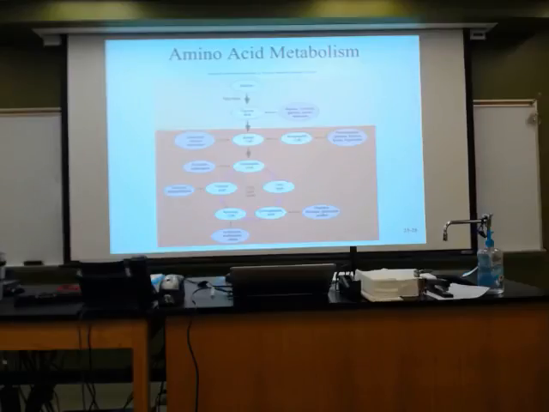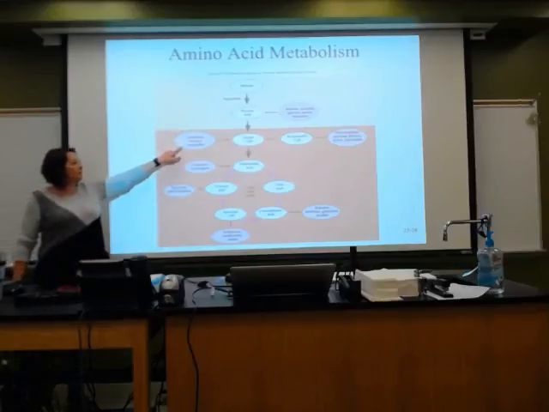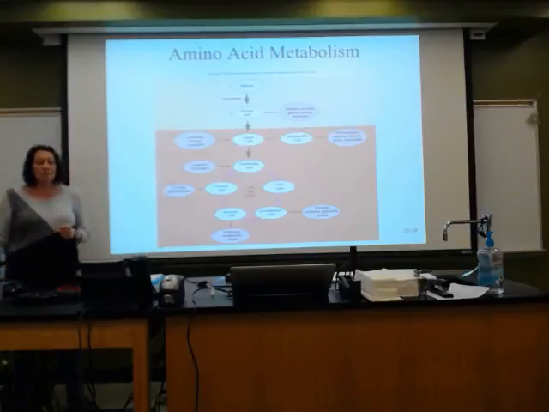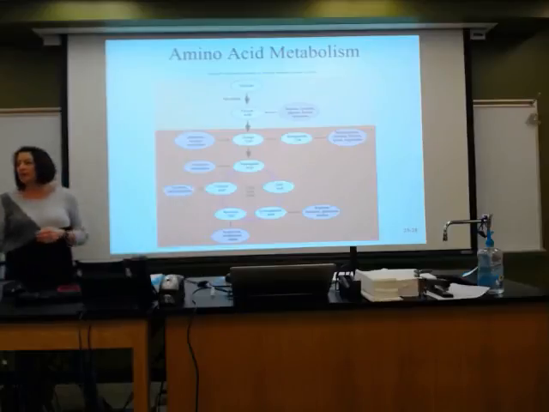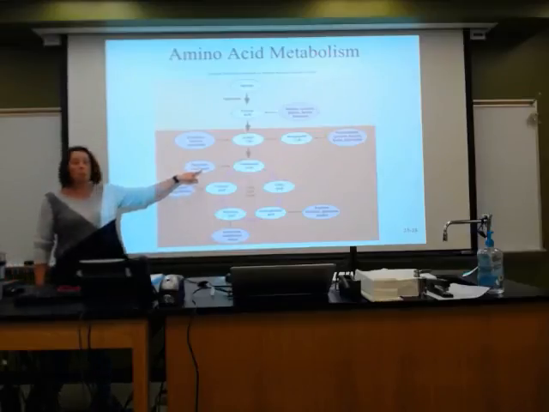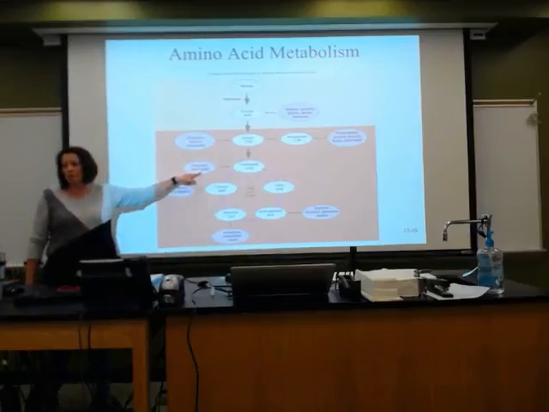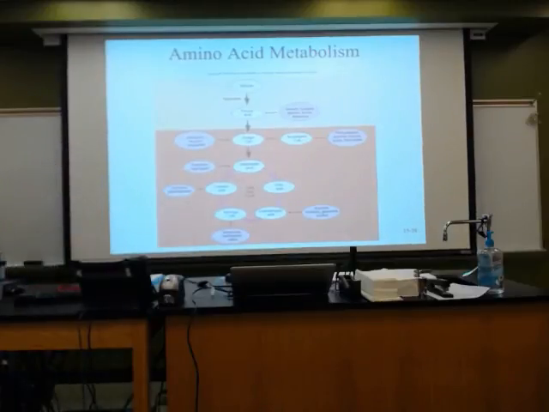And note that of the amino acids that can be used for energy, some of them come in at the point where the acetyl coenzyme A can attach and start them through the citric acid cycle, the Krebs cycle. Some of them come in at a different point of the Krebs cycle, but the same goal is reached.